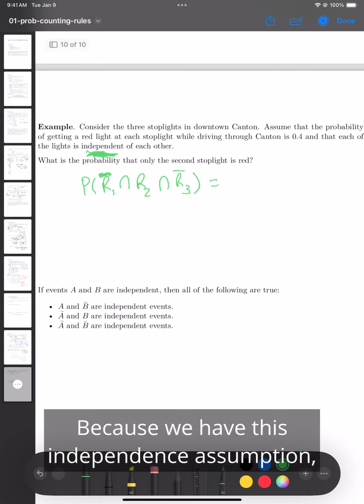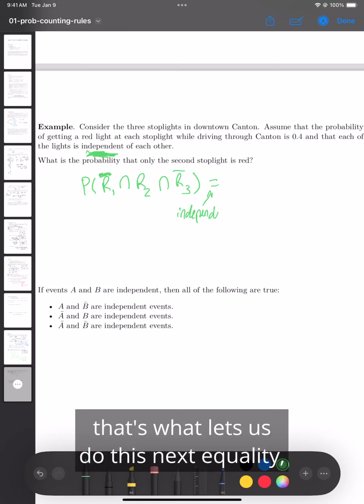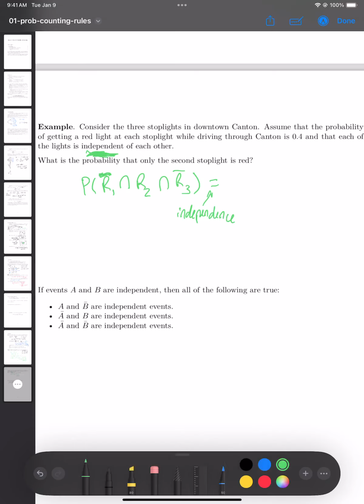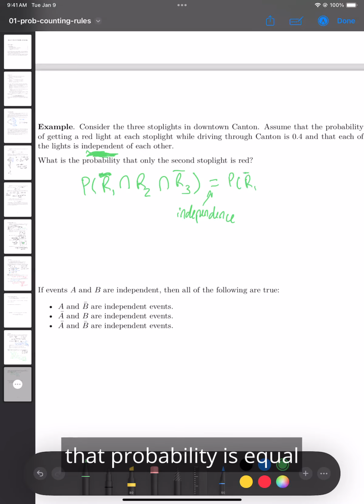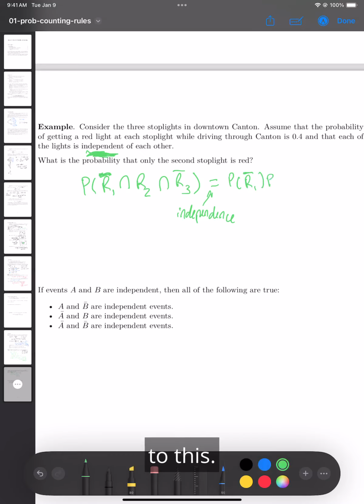Because we have this independence assumption, that's what lets us do this next equality. Because we're making that assumption, that probability is equal to this.